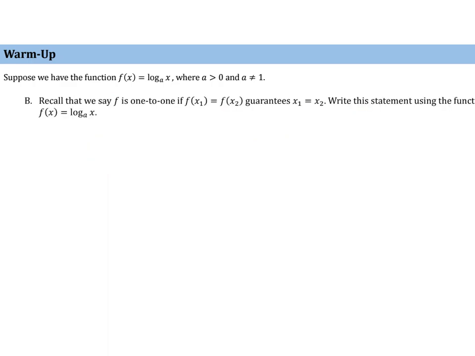Because f is 1 to 1, we can go ahead and use the definition to determine a property of the logarithmic function. So if we look at this statement, f of x1 equals f of x2, that would be the same thing as log base a of x1 equals log base a of x2, and that would say that we are guaranteed that the inputs of the logarithms are the same.